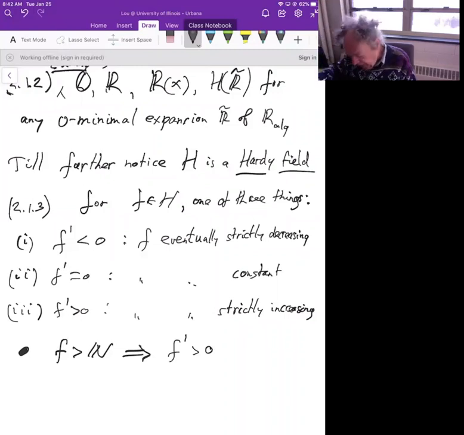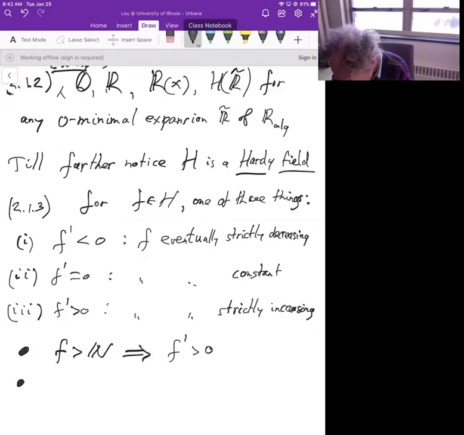f must be eventually increasing, because otherwise, if it's constant or strictly decreasing, it will eventually be below a natural number. So this is the connection between the ordering and the derivation.